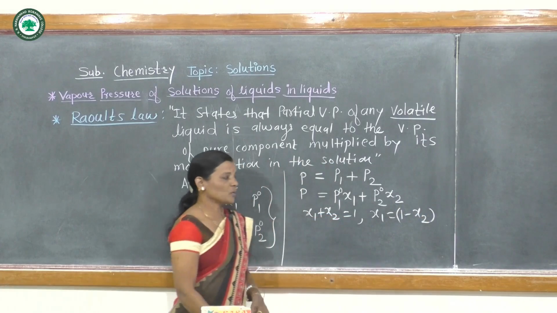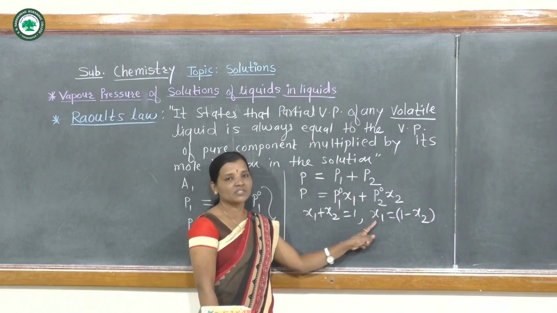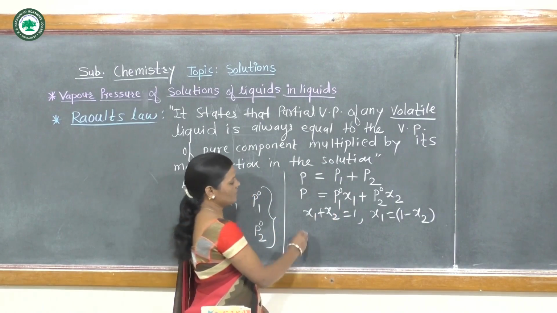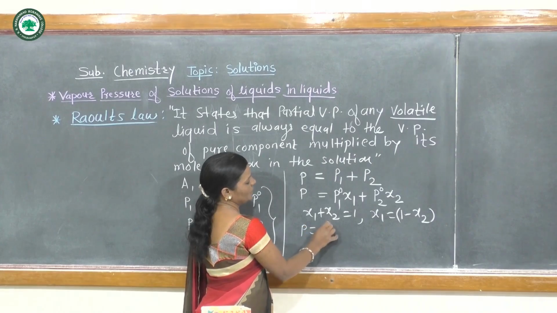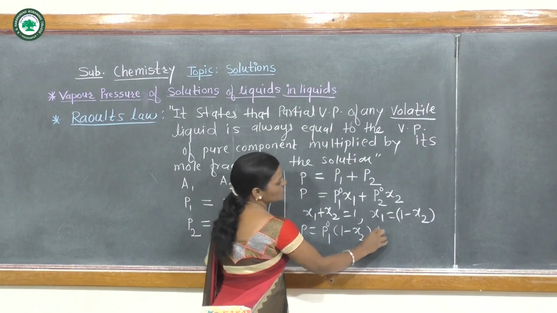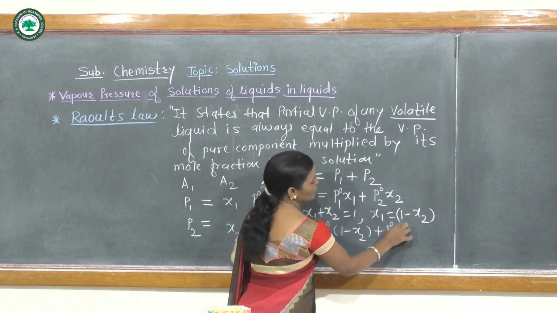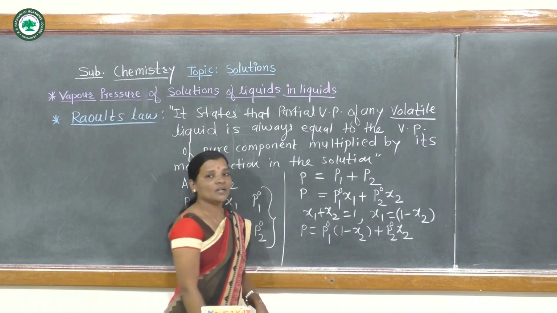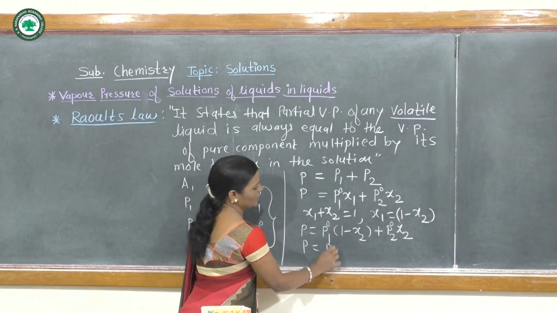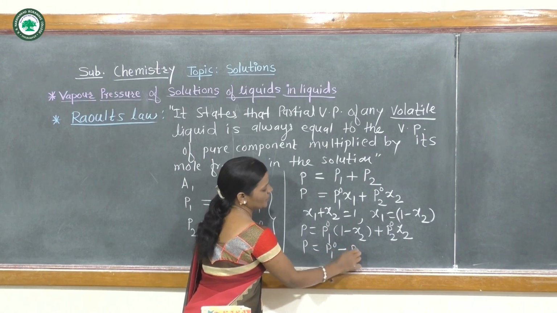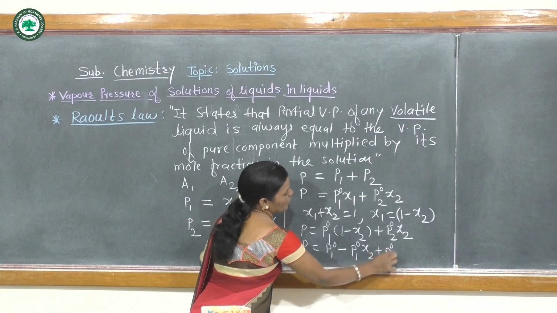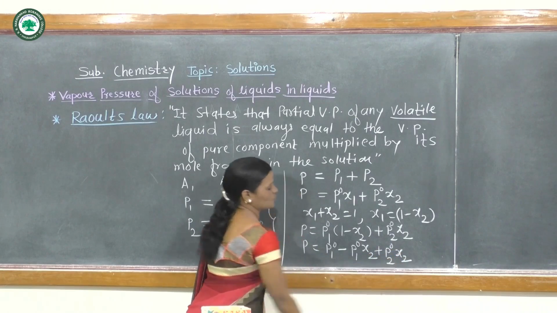Now by using this value of mole fraction of first component in the pressure equation, we get P equals P01 into (1 minus X2) plus P02 into X2. By solving this bracket, we get P01 minus P01 into X2 plus P02 into X2.